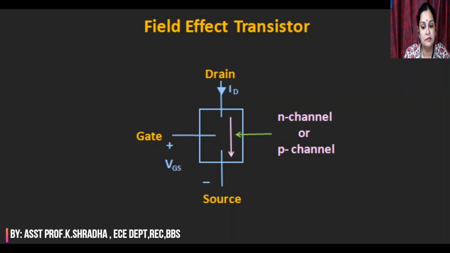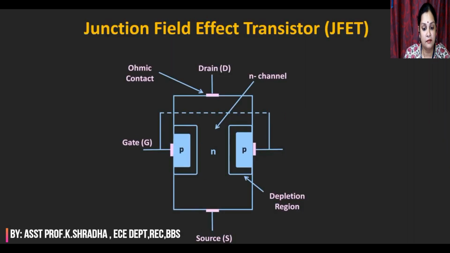If the channel is made up of N-type semiconductor, it is known as N-channel FET. Likewise, if the channel is made up of P-type material, then it is known as P-channel FET. And in this FET, the gate terminal is placed very close to this channel so that it can control the flow of current through this channel.